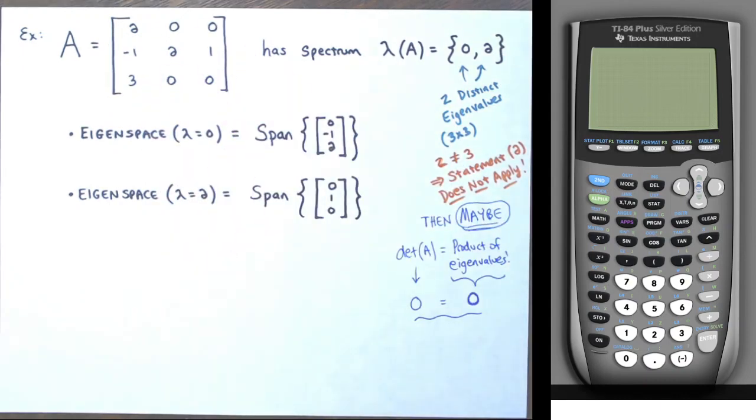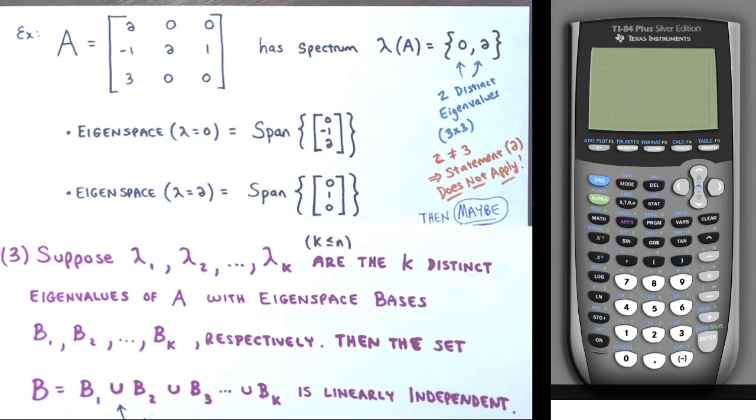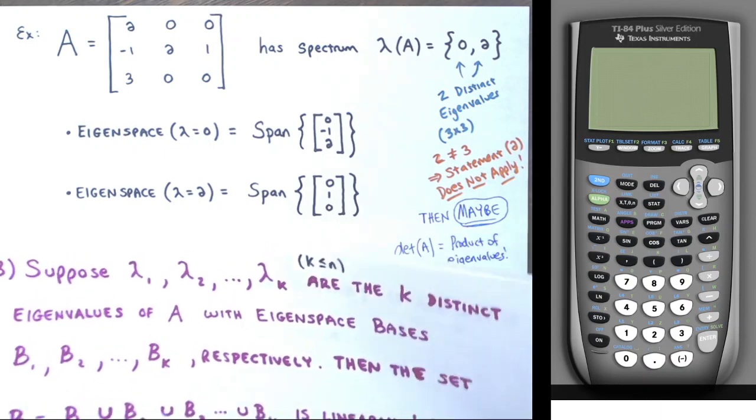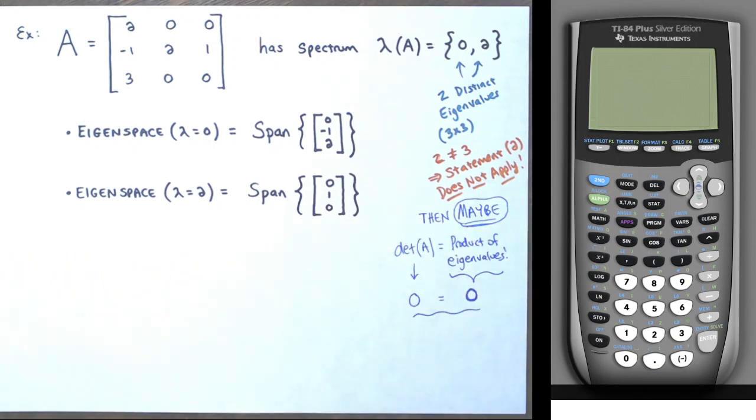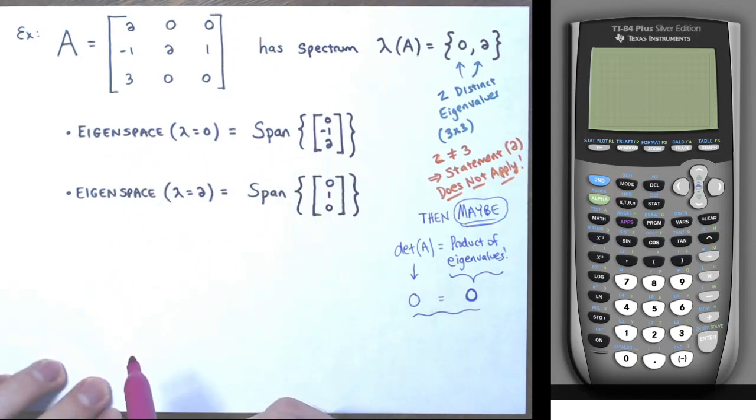Okay. And statement 3 has to do with those eigenspaces again. This one is about the union of the bases of the eigenspaces being linearly independent. So I have the eigenspaces stated again, and you can find these on your own, please.